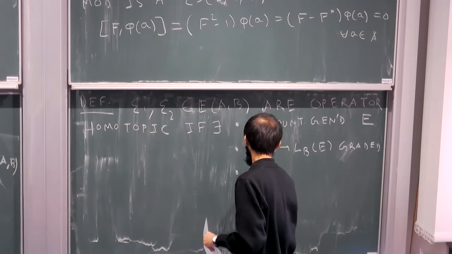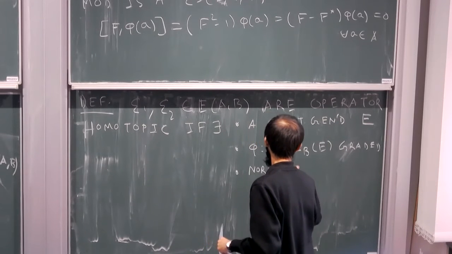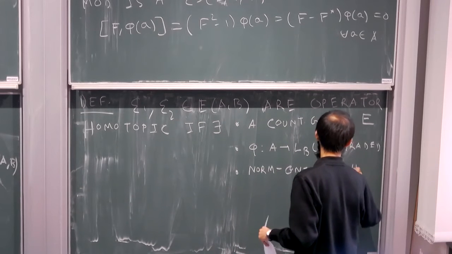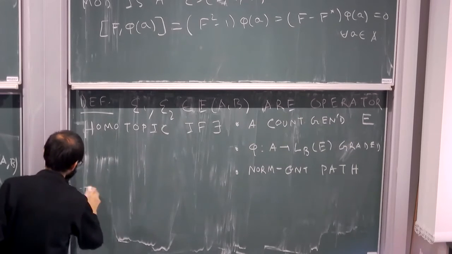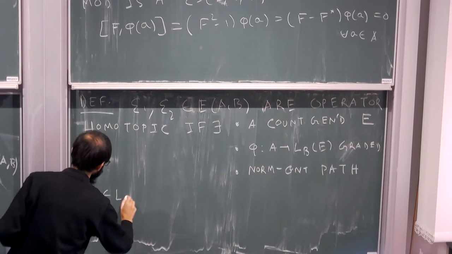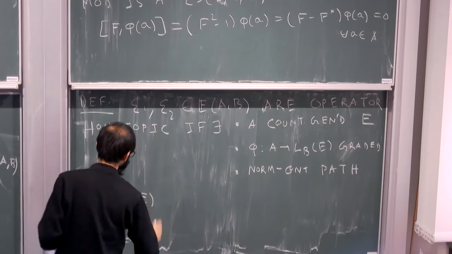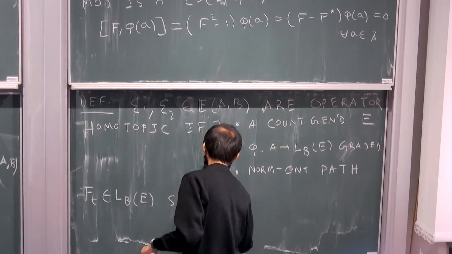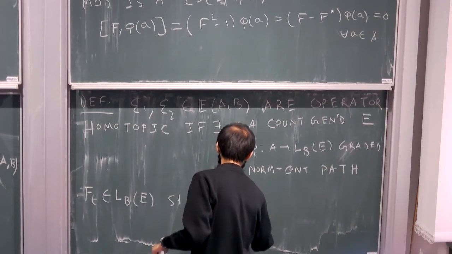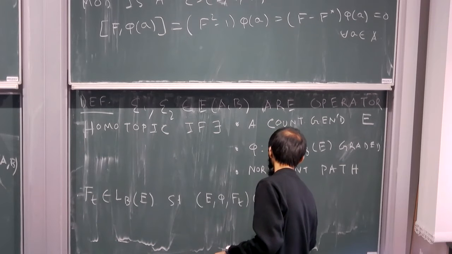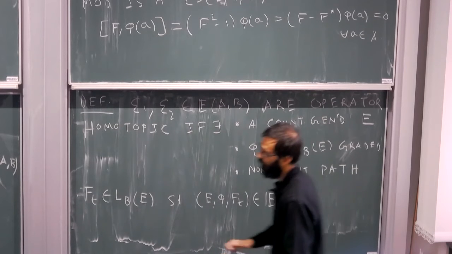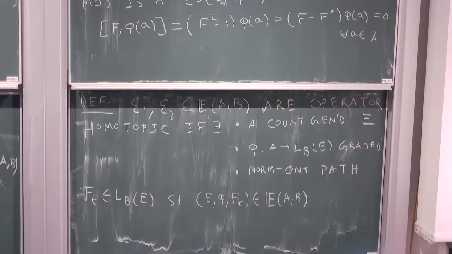And a norm-continuous path Ft inside the adjointable operators such that the triple is in E of A, B. Observe that here, all these triples are indexed by t.